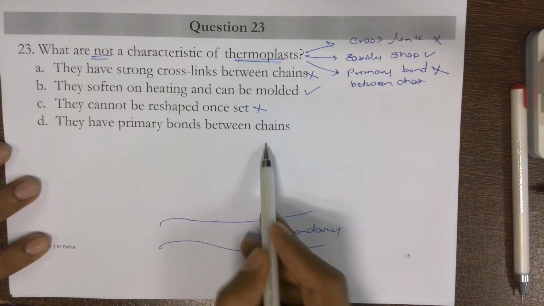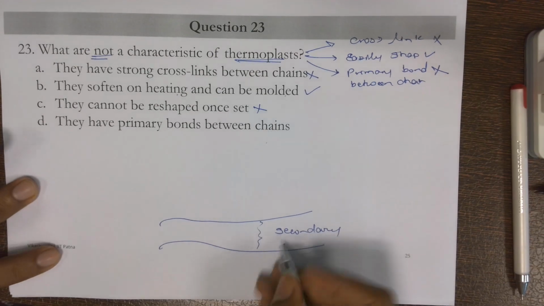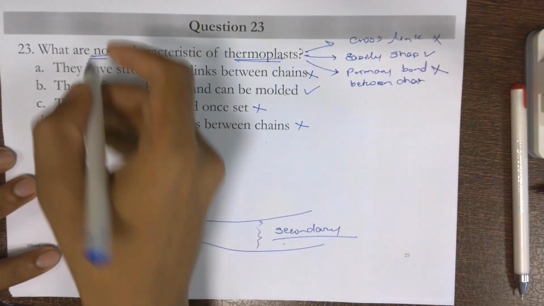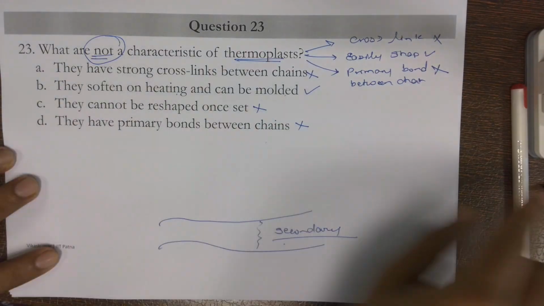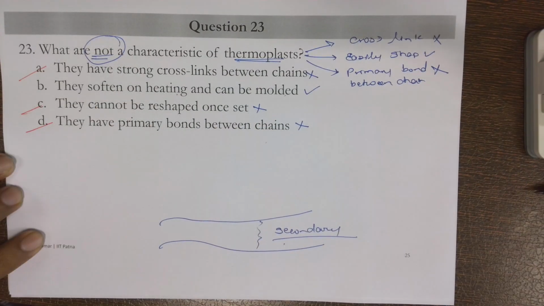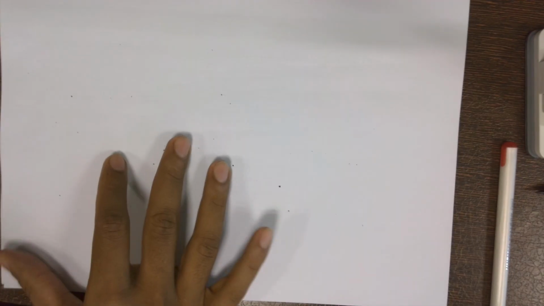They have bonds between the chains, we know that. This is again correct, and we need the incorrect statement. The incorrect statements are A, C, and D. With that, we have solved question number 23. If there is any doubt in this, let me know. If not, let's move to question number 24.